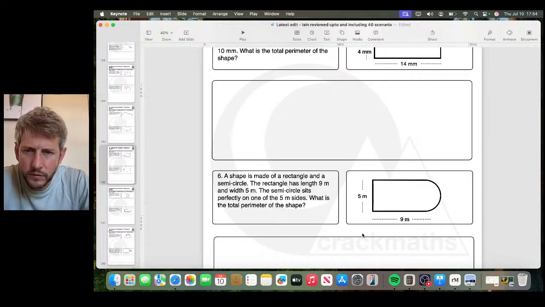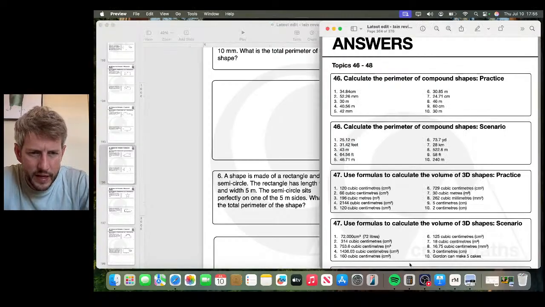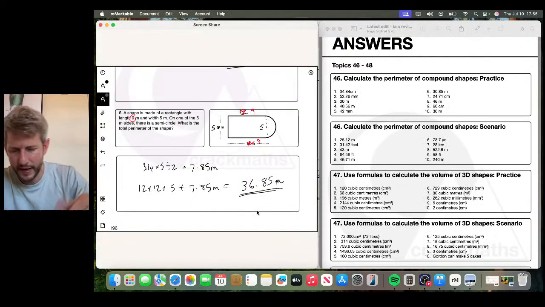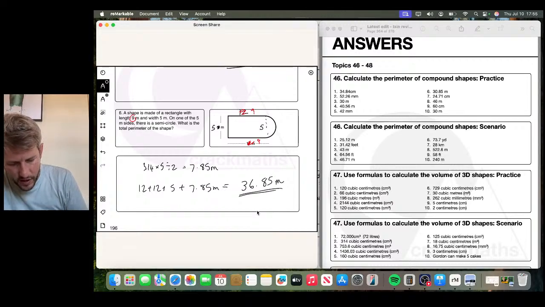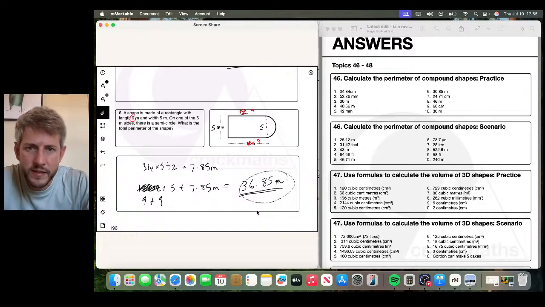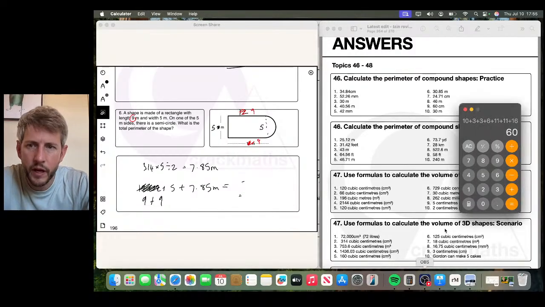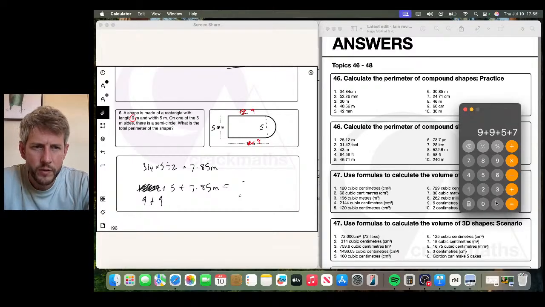Okay. So let's go back to the answers, and let's re-answer this question as if that was a 9. So it's just this bit that changes. So we'd have 9, add 5. Okay, and let's see if that's correct. So here we go. 9, add 5, add 7.85.